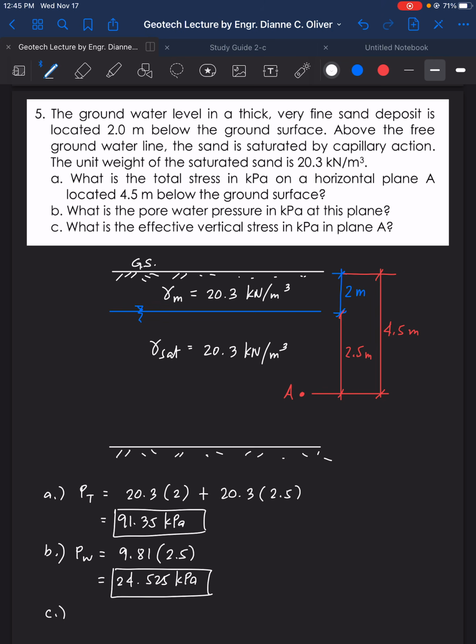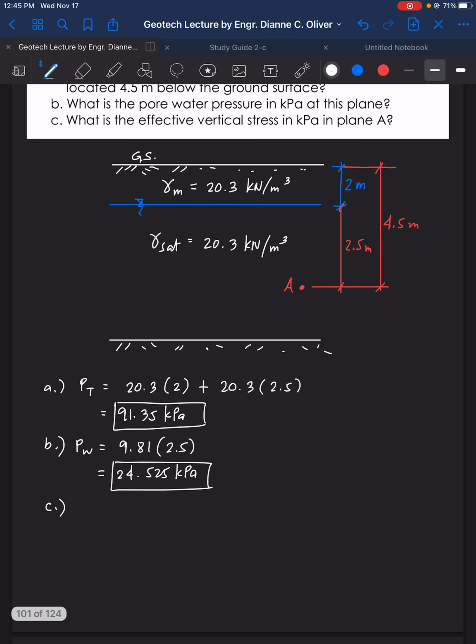Now letter C, what is the effective vertical stress in kilopascal in plane A? So obviously we have P effective, P total minus PW, and that is 91.35 minus 24.525. So P effective is now equal to 66.825 kilopascal.